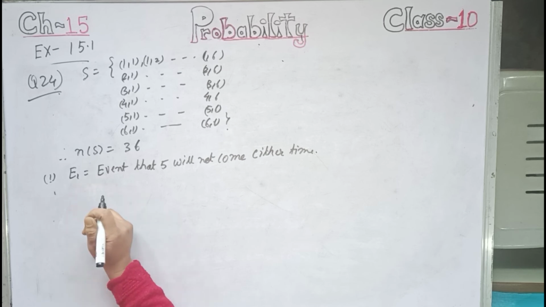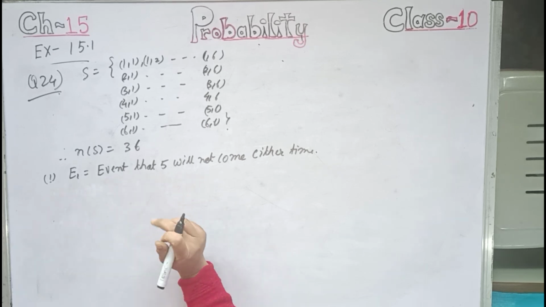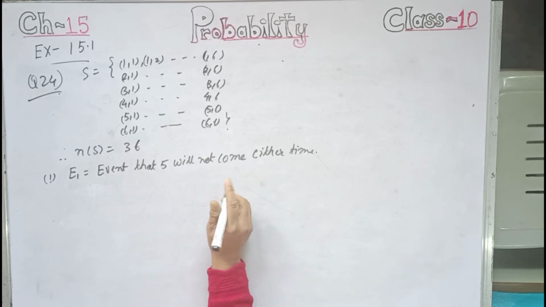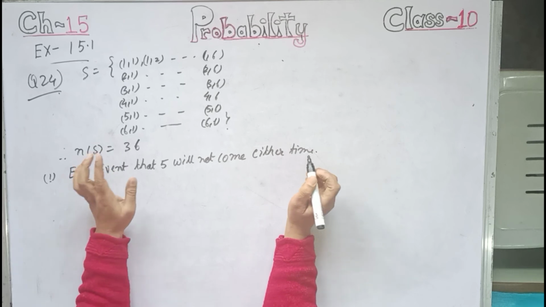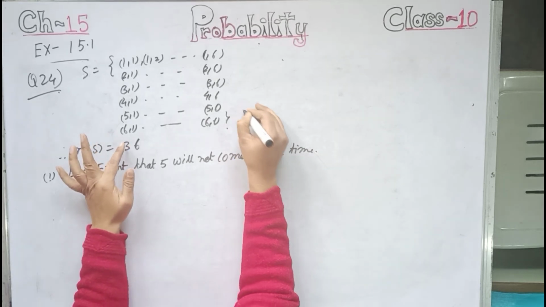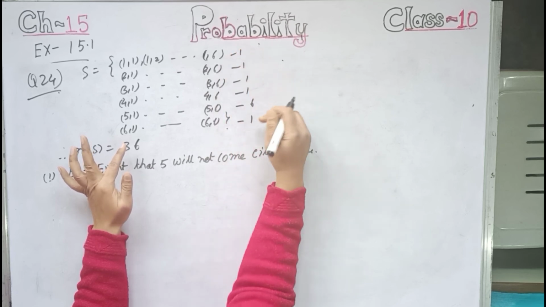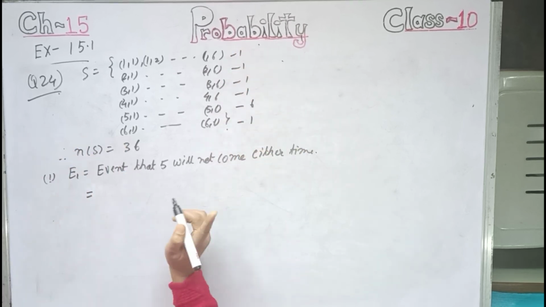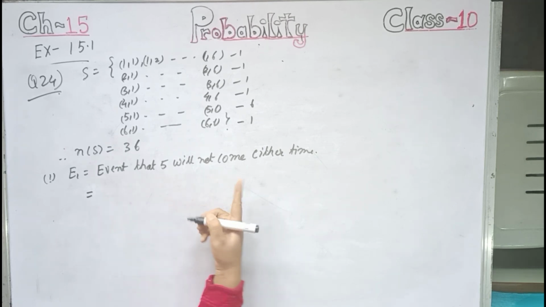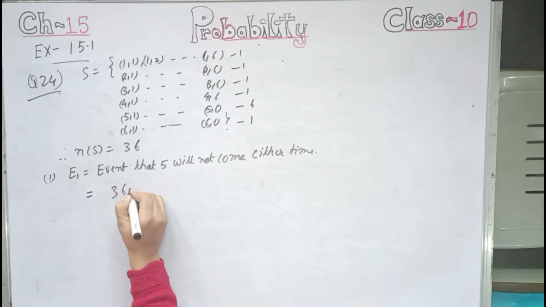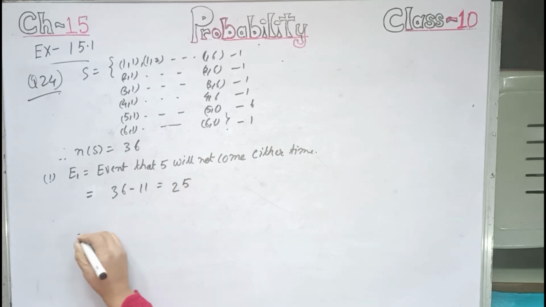If we do number 2 first, it will be easier for us. But even then, since part 1 has been asked, 5 will not come up either time, let us find out the times when 5 has come. So over here 1 time, over here 6 times, 1 time, 1 time, 1 time and 1 time. 7, 8, 9, 10, 11. So 5 has come 11 times on either of the dice. So the number of outcomes where 5 will not come either time is 36 minus 11, that is 25.